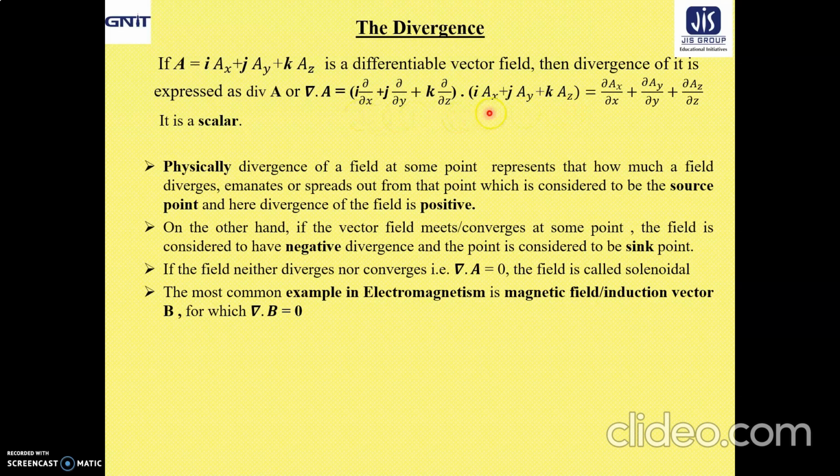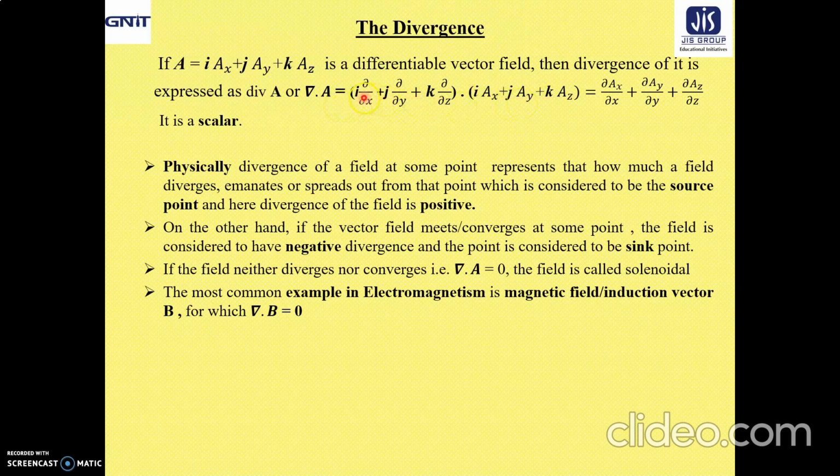So when del dot A operates, we expect a scalar out of it, because both are vectors and their dot product, or scalar product, is taken. Let us check it. i dot i, j dot j and k dot k, according to the basic rule of vectors, give us 1. In other cases, that is i dot j, i dot k, j dot i, j dot k, k dot i, k dot j, the result is 0.